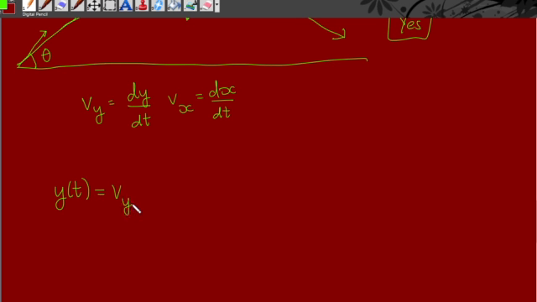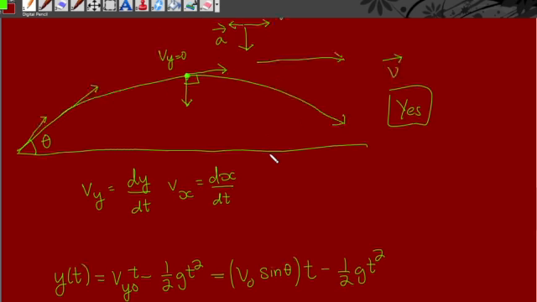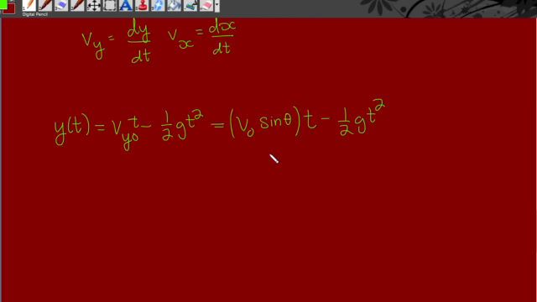So this is the kinematic equation for the vertical position. And we first want to derive a formula for the maximum height.